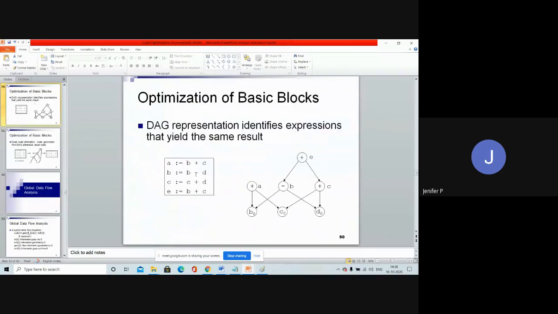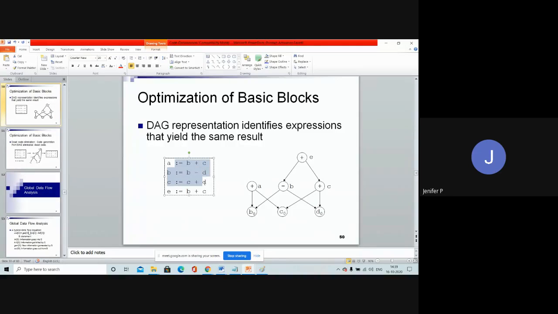Simply, you can say A is equal to B plus C, here also B plus C. But this B is some value taken from this definition, and likewise this C is taken from this definition. So how do I know? Based on the flow of data only, I can optimize the code.